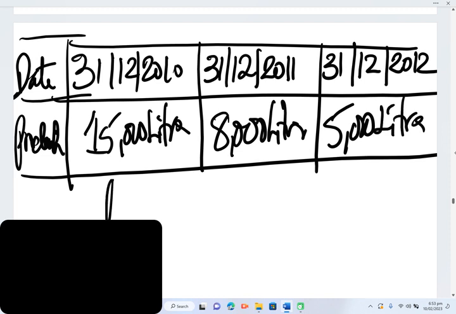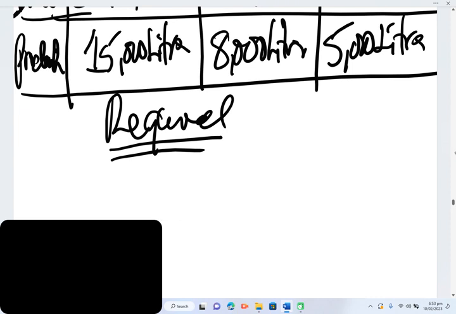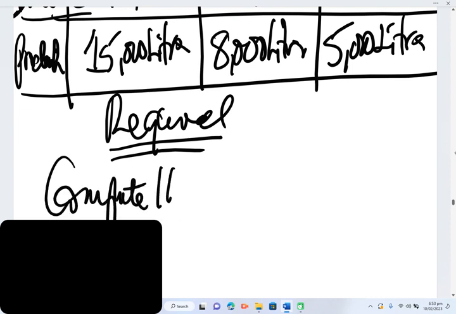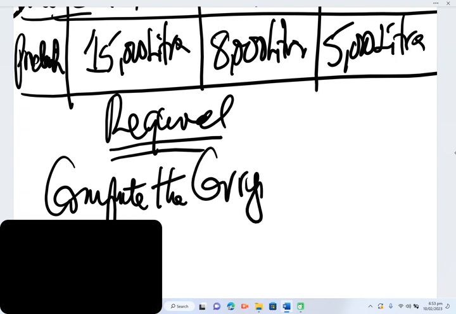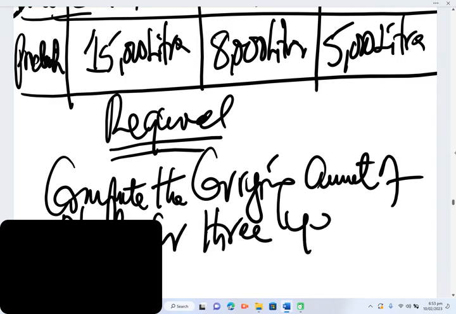Sasa required anasemaje? Compute the carrying amount of plant for how many? 3 years.